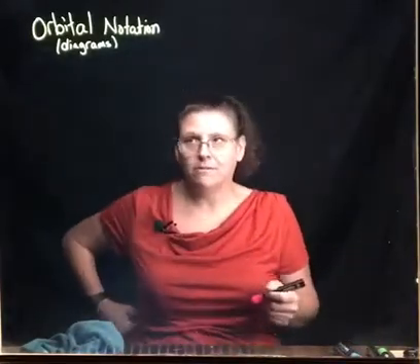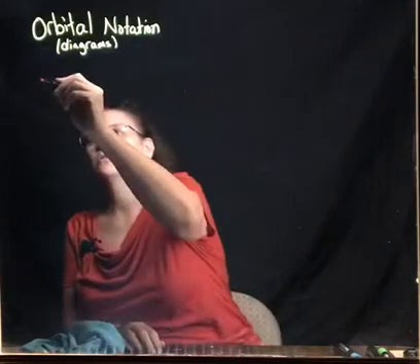We're going to talk about orbital notations. It is another form of electron configurations in a way, and it might help you understand electron configurations a little bit better. So we have three rules.